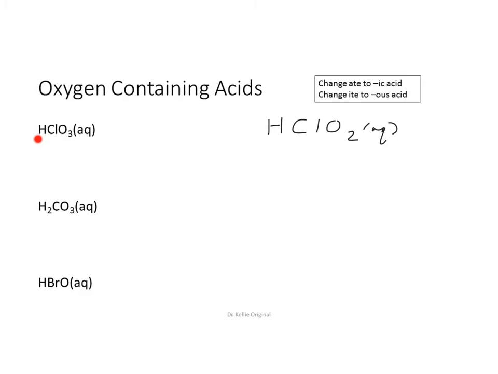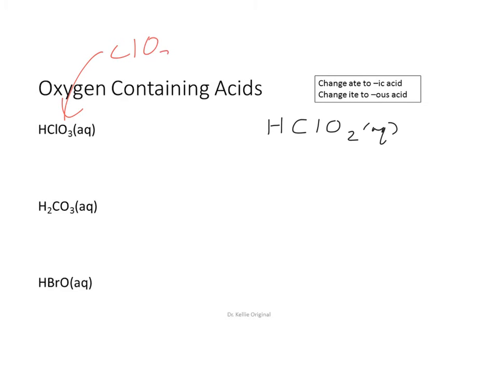I look at this compound. I have hydrogen as my first element, so I have an acid. I have oxygen, so that means I have an oxygen-containing acid. So I have to identify my polyatomic ion and change ate to ic and ite to us.